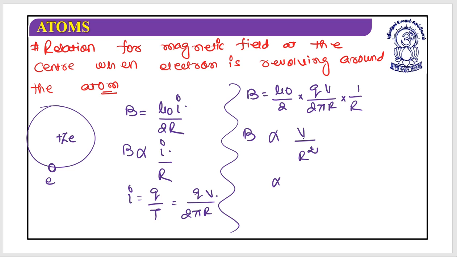Now as I know, V is directly proportional to Z by N, and R is directly proportional to N square by Z. So R square gives N to the power 4 over Z square. I hope this is clear. So this gives me Z cube divided by N to the power 5. This is the magnetic field at the center.